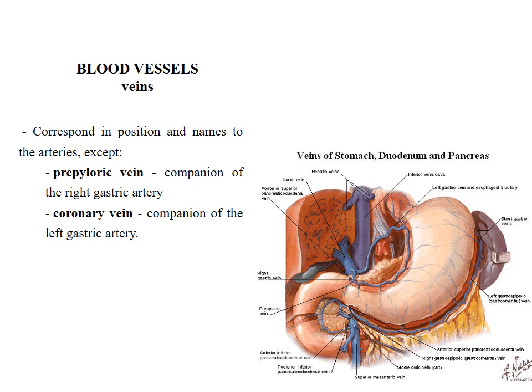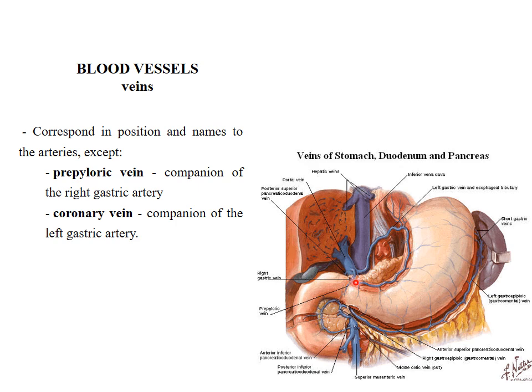The veins correspond in position and names to the arteries, except two veins. First is the prepyloric vein, which crosses the anterior surface of the pylorus, and the second one is the coronary vein.